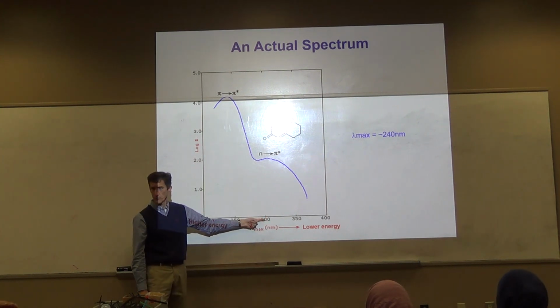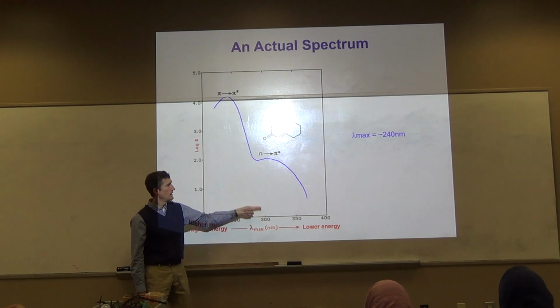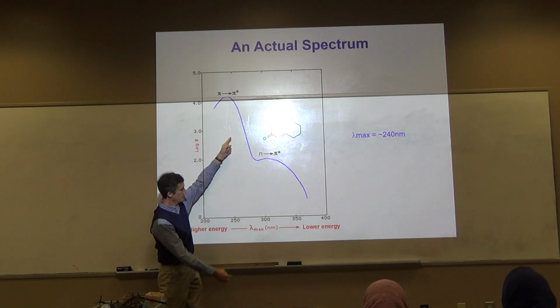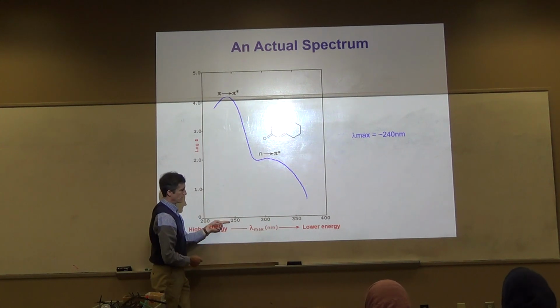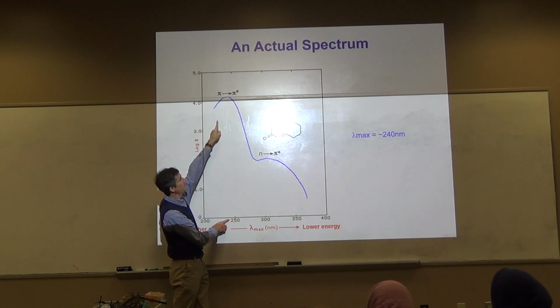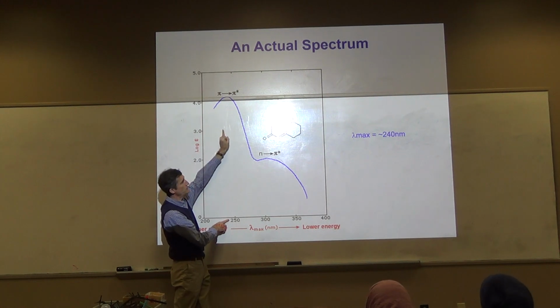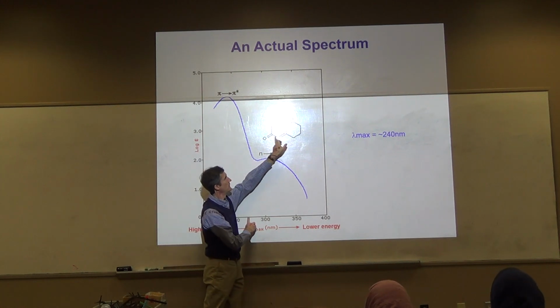Longer wavelength is lower energy. It took lower energy to excite the non-bonding electrons. Shorter wavelength is higher energy. It took higher energy to excite the pi electrons. Does this molecule have pi electrons?